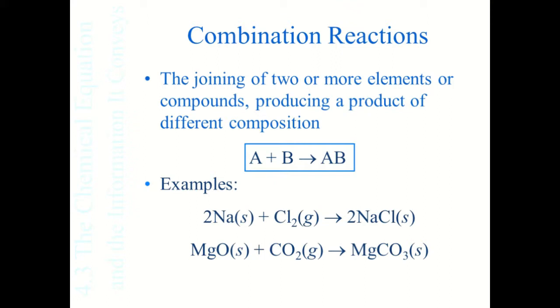Okay. So here we have a combination reaction, A plus B forming AB, right? And here are some examples. Sodium and chlorine forming sodium chloride. So it's interesting that you can take these really dangerous chemicals like sodium metal, very reactive, and chlorine gas, which is deadly if you inhale it.